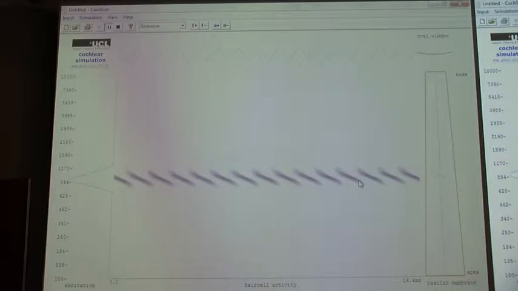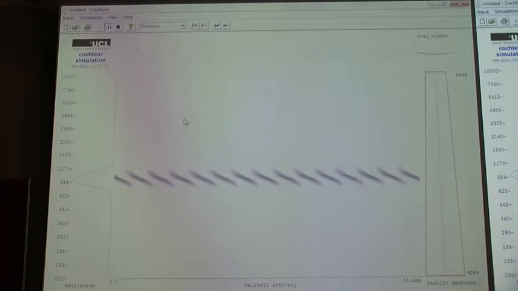Even that's a lie, but it's actually called the group delay. Nevertheless, you get this idea of what's called the travelling wave. Again, the travelling wave is just an artifact of the way in which the system is filtering. But you get essentially this movement along the basilar membrane.